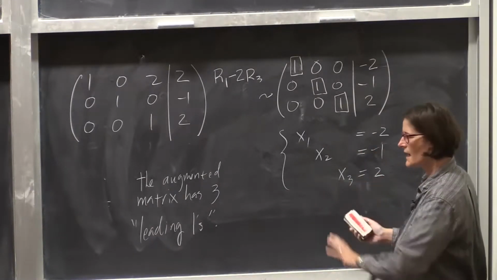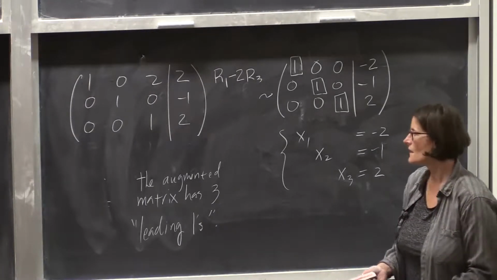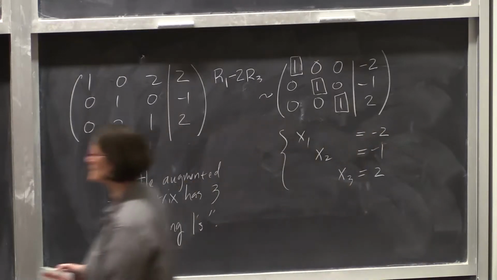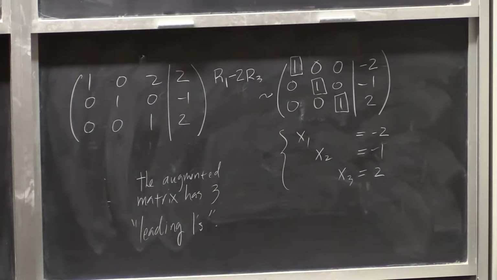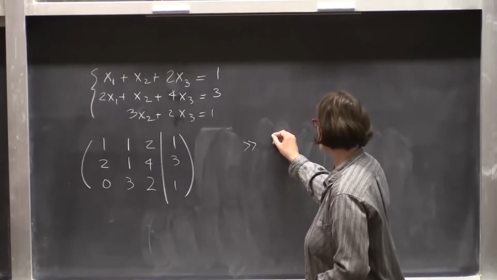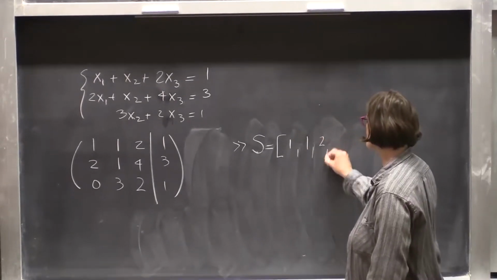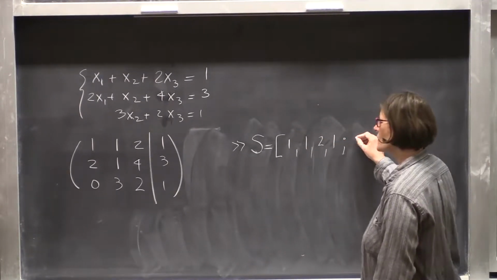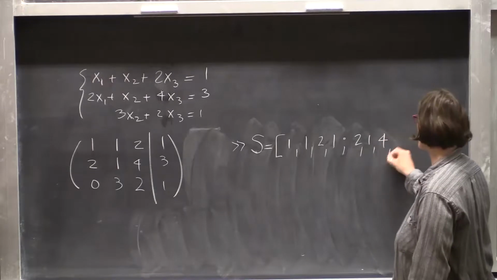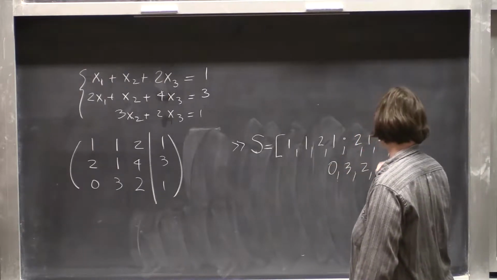In Matlab, there's a command that will do this. Wolfram Alpha, there's a command that will do this. And I should tell you what that command is. If you wanted to double check your work in Matlab, you would just say S is the matrix [1, 1, 2, 1; 2, 1, 4, 3; 0, 3, 2, 1].